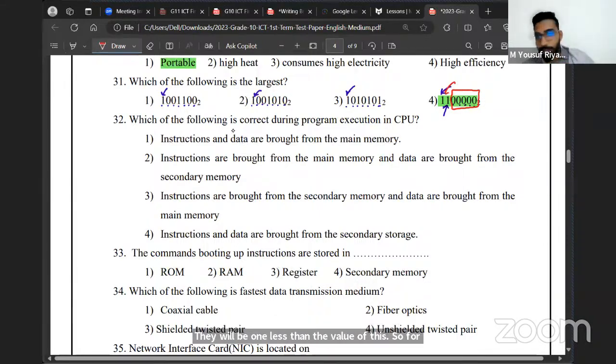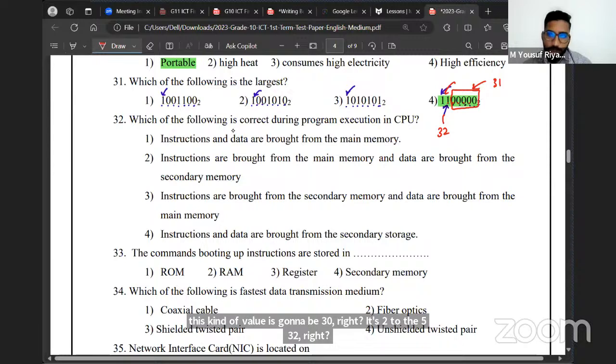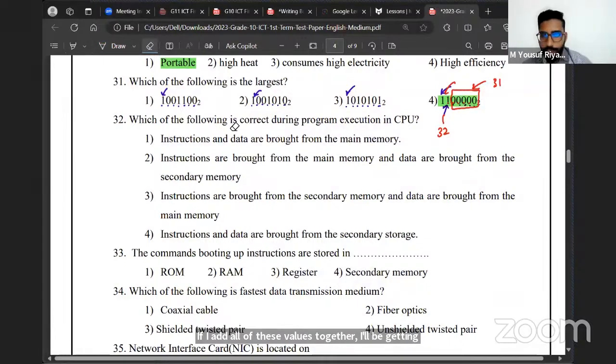For example, with place values 1, 2, 4, 8, 16, 32, this character's value is going to be 32, which is 2 to the power 5, right? If I add all of the lower values together, I get only 31. So the shortcut for finding the largest one: first, check whether all of them have an equal number of bits. If they are equal, look at the left-side corner bit.